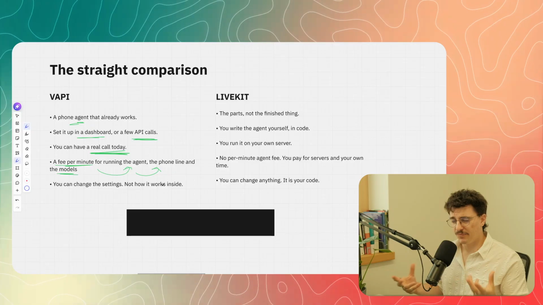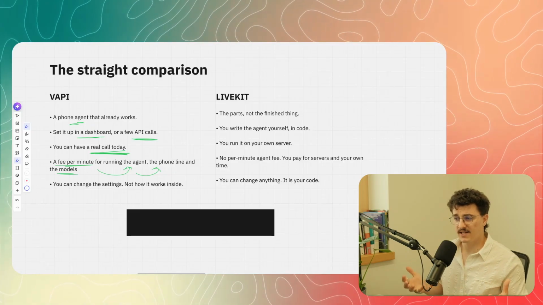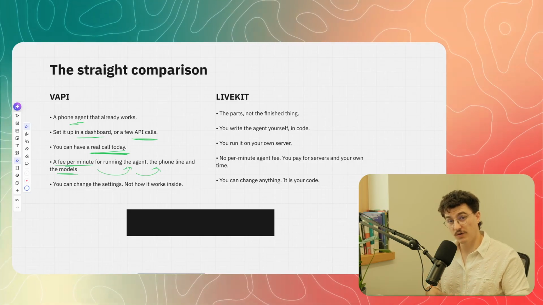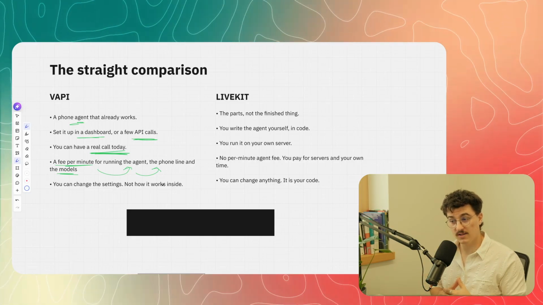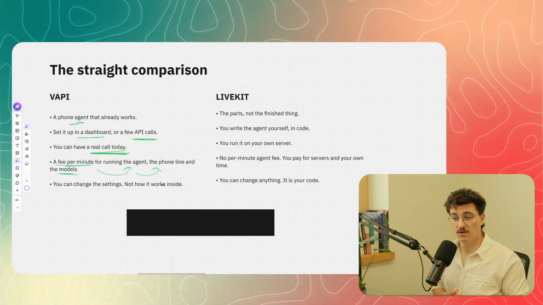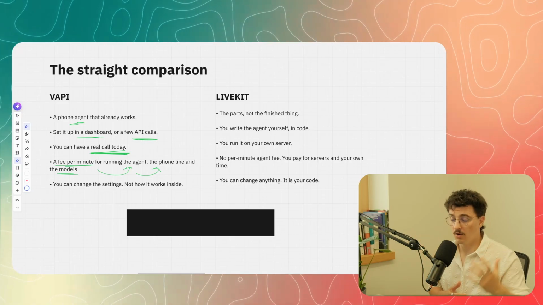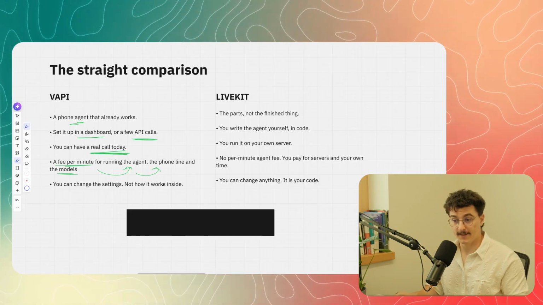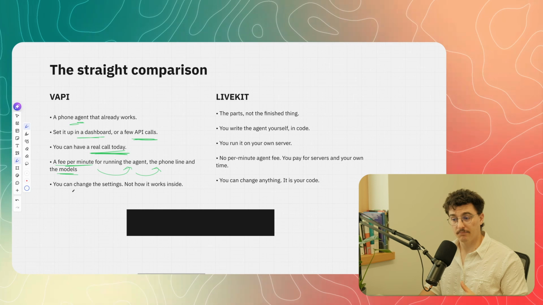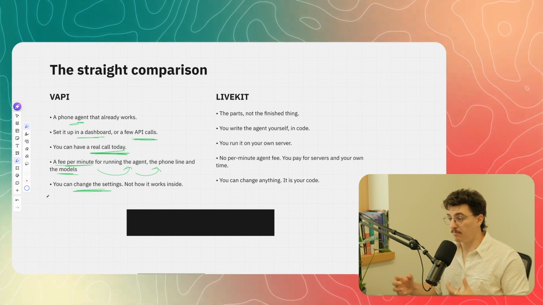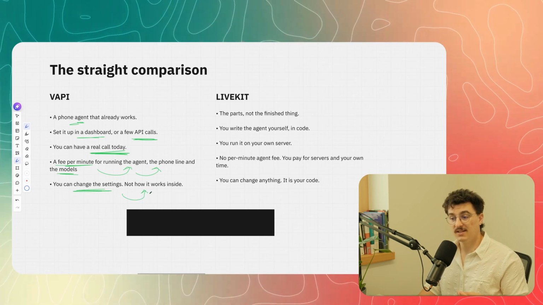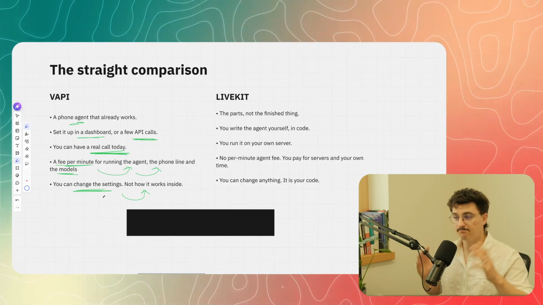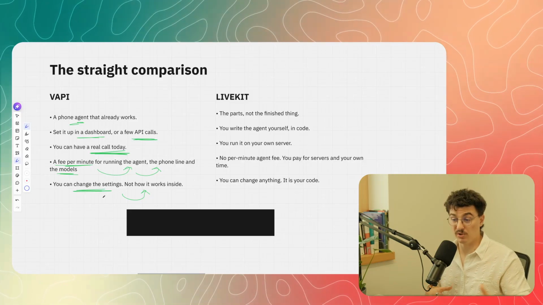So the average agent on Vapi, I would say, has between 10 and 15 cents of cost for the agent itself, so platform and the models. And then you have additional cost for the phone line, which is often billed by the actual telephony provider. And on Vapi, you can change the settings, you can play around, but you can't decide how it works on the inside. That's where flexibility is not gone, but almost not there.